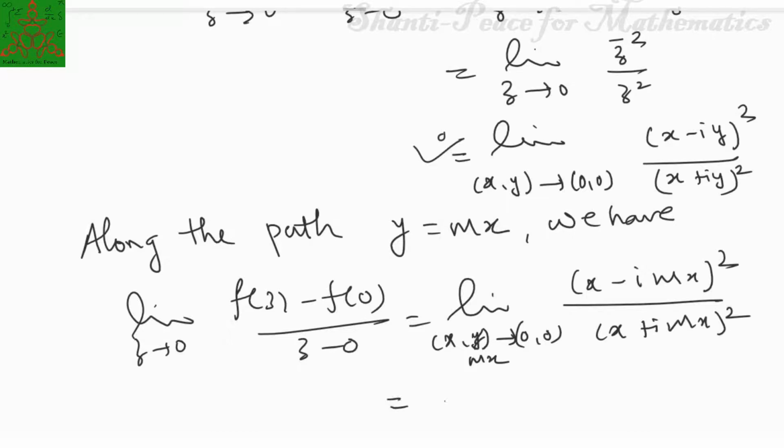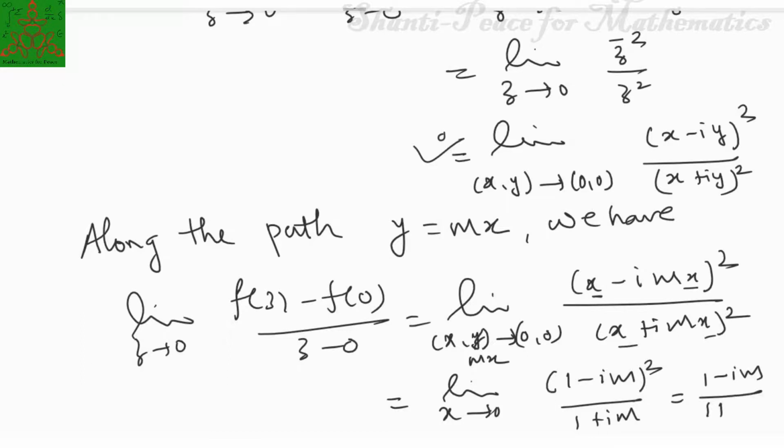So this can be written as limit x tends to 0. If you take x square common from this, the x square from the denominator cancels out. So finally you will have 1 minus im square upon 1 plus im, that is (1 minus im) upon (1 plus im), which depends on m.